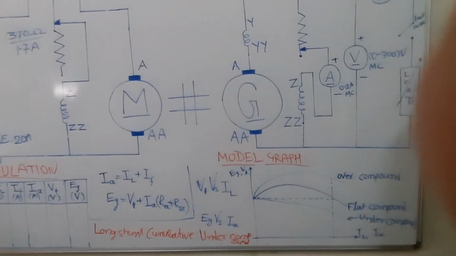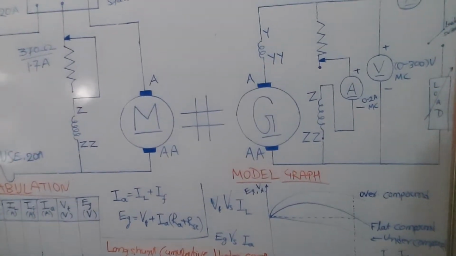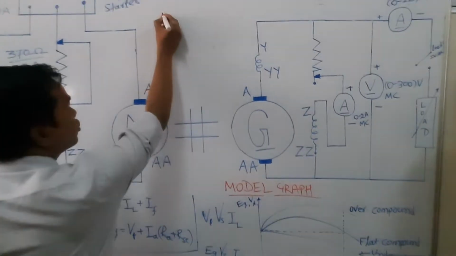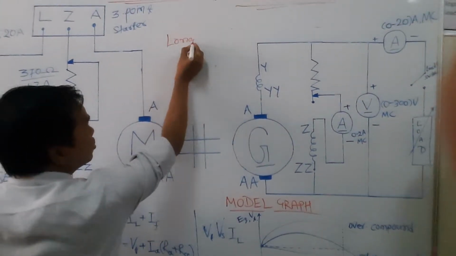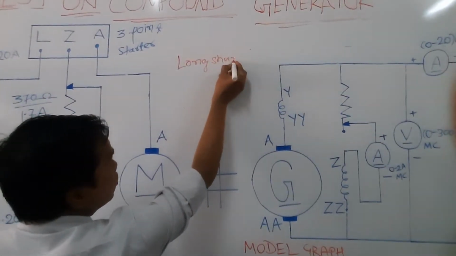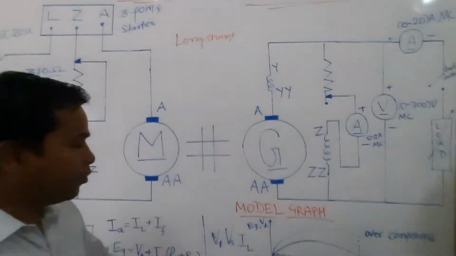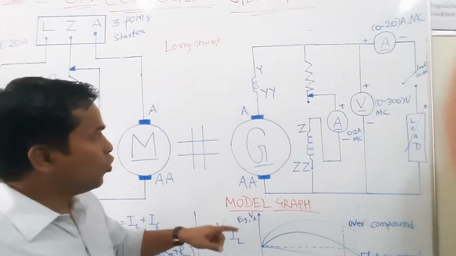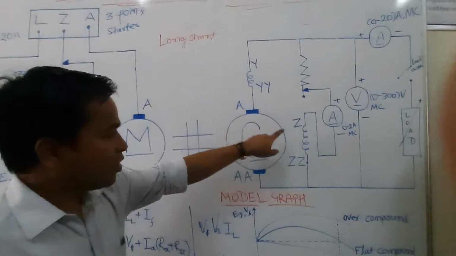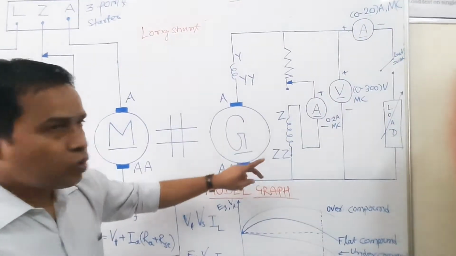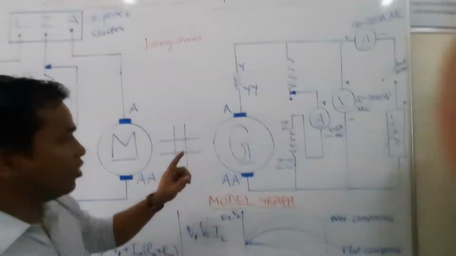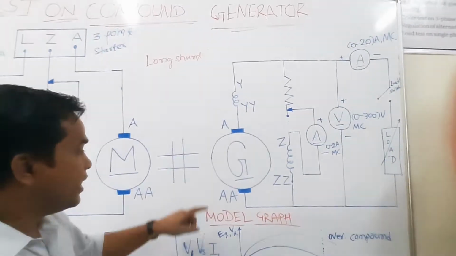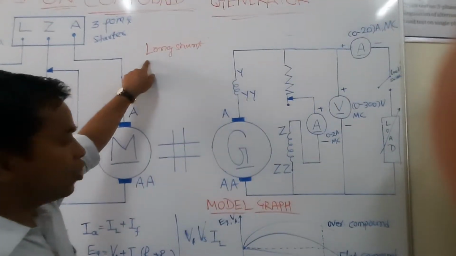In this experiment, we are going to use long shunt. On the basis of the way the series field winding and shunt field winding are connected, there are two types of compound generator, long shunt and short shunt. In this experiment, we are going to use long shunt.